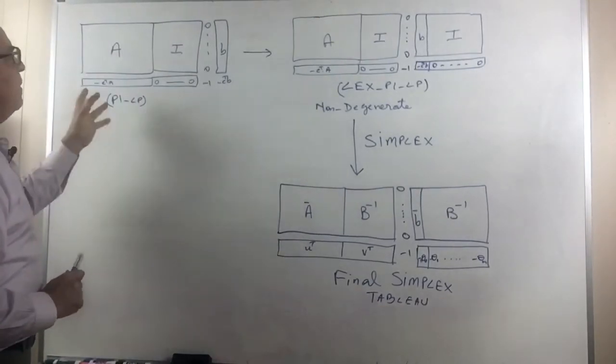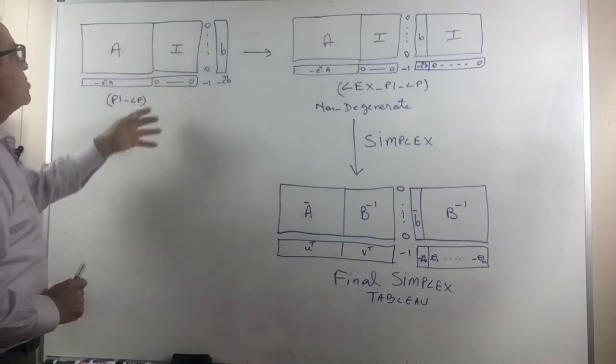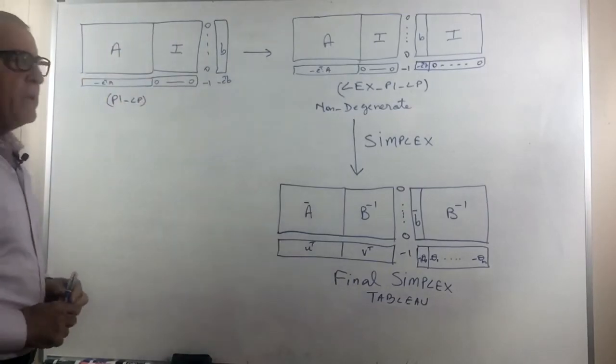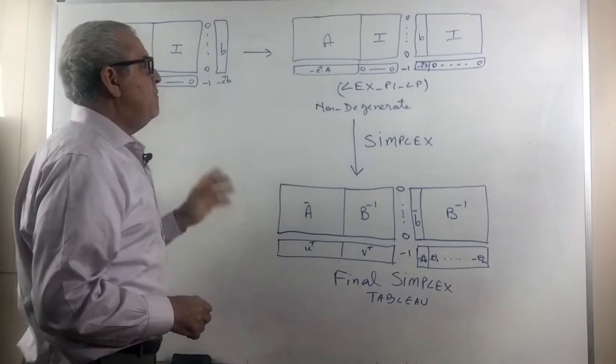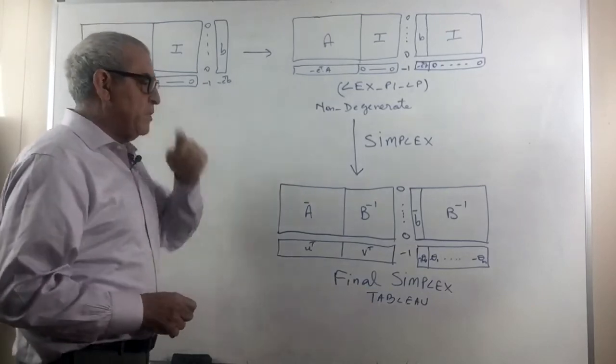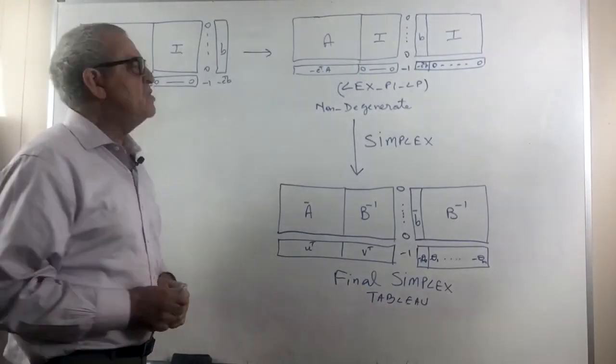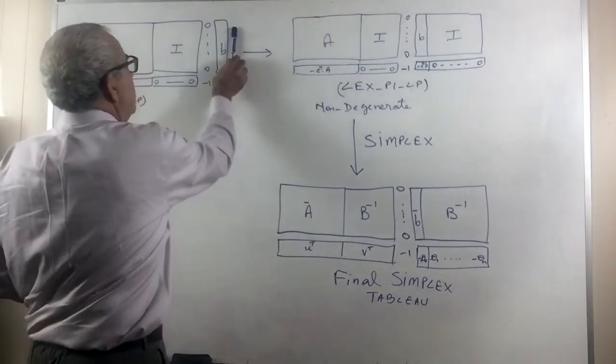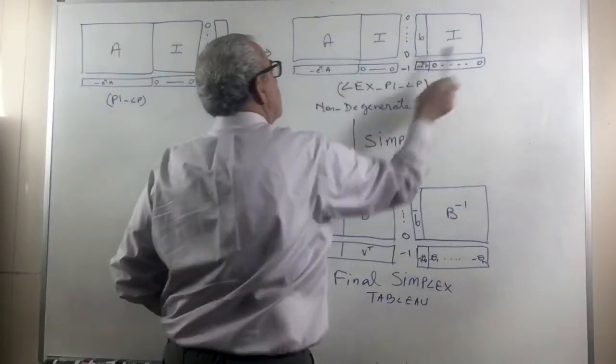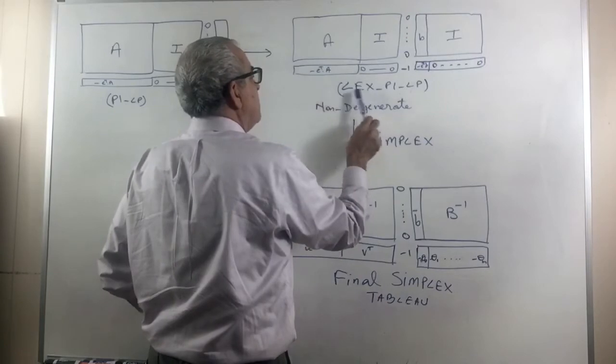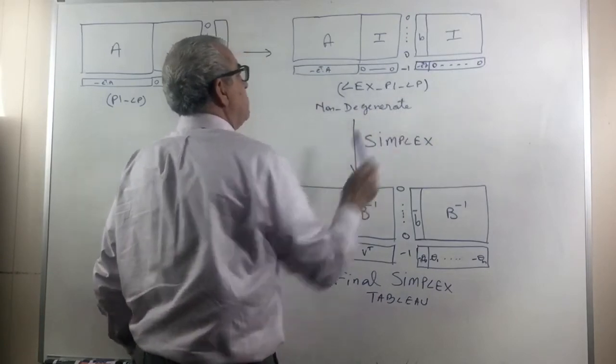Now, we don't know whether this problem is degenerate or not. So we're going to use the technique that we analyzed in the section on degeneracy. We're going to attach the identity matrix here, and we're going to solve the lexicographic P1 LP.